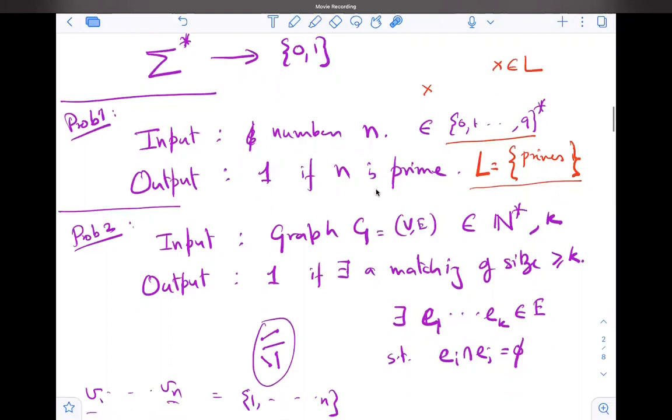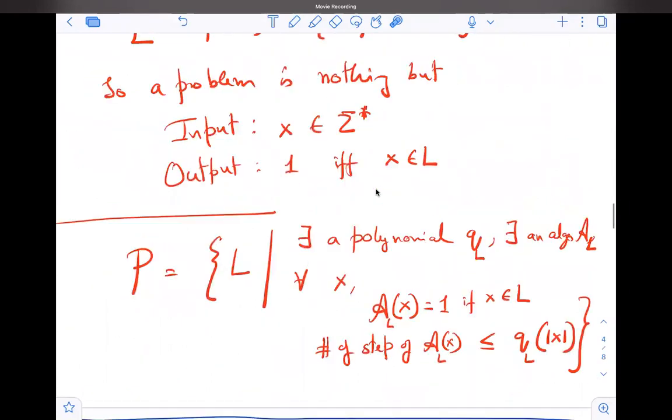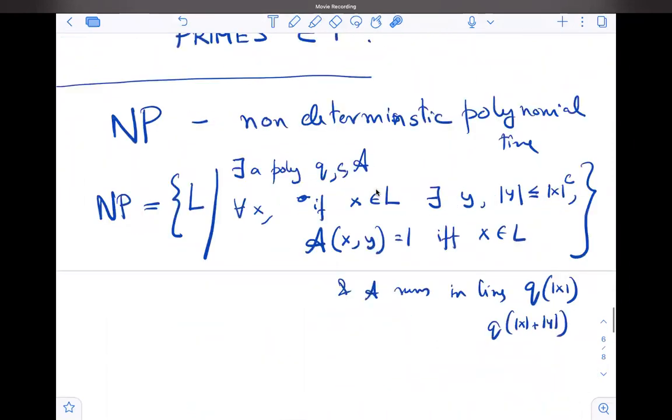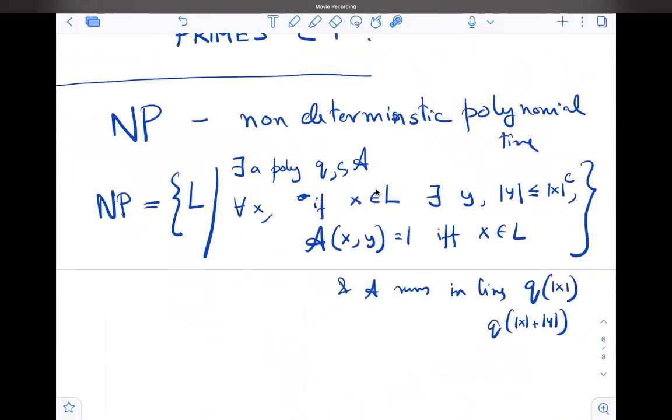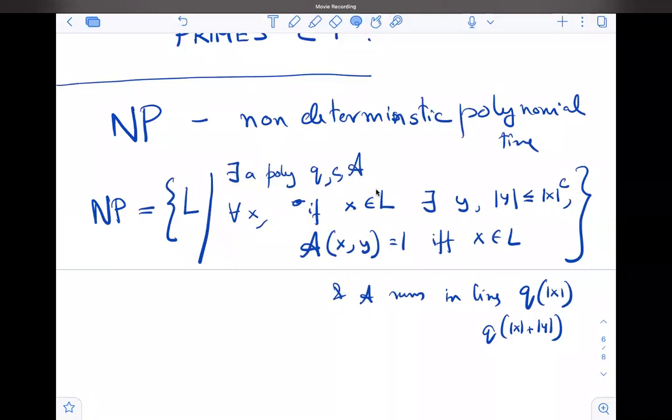By the way, just this thing that I defined here. I defined this NP as this, right?